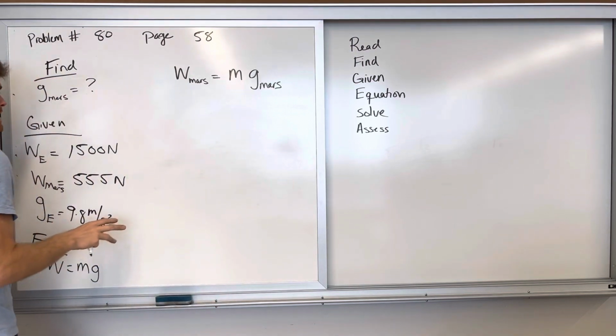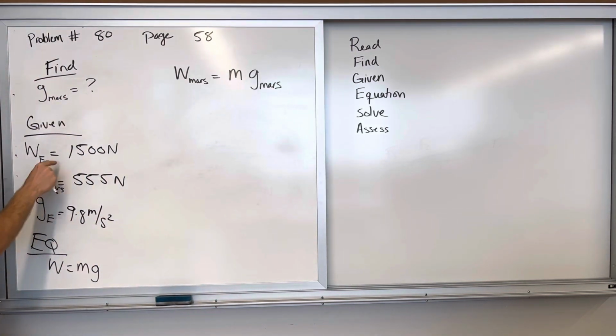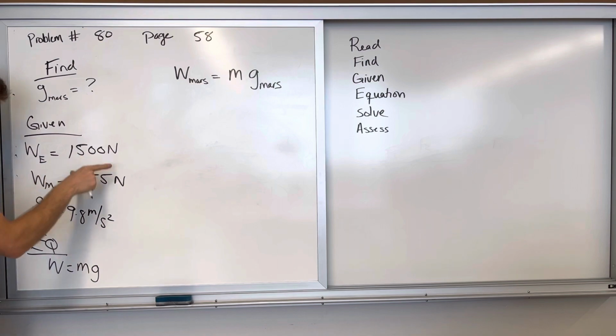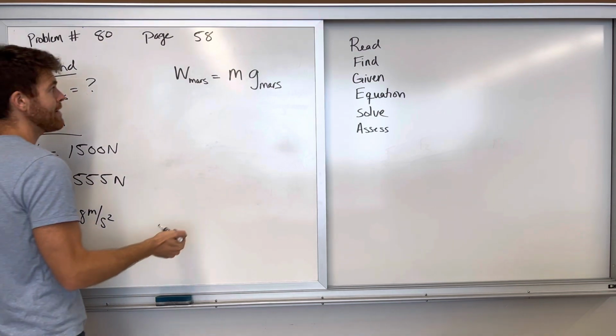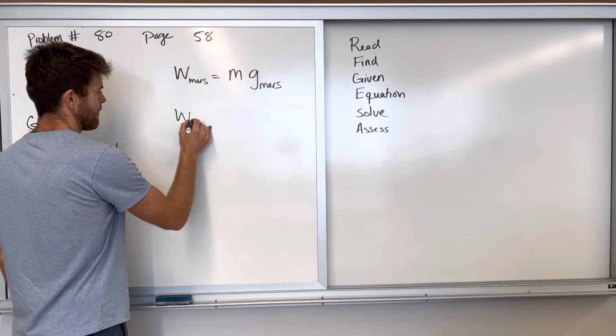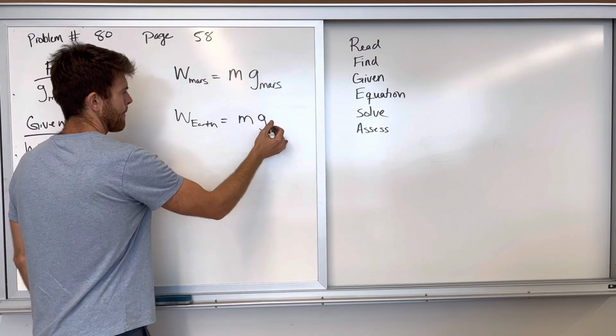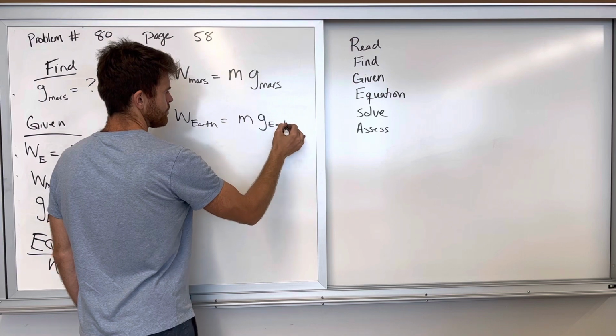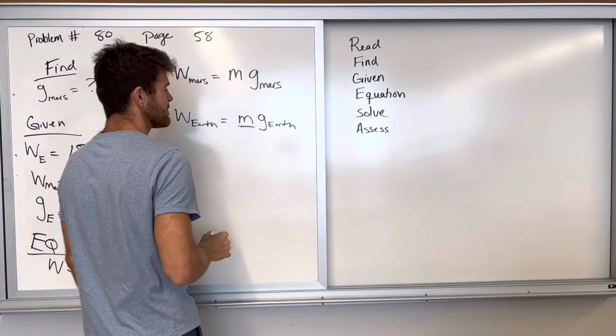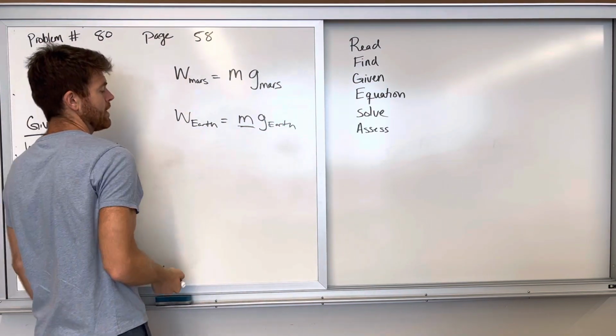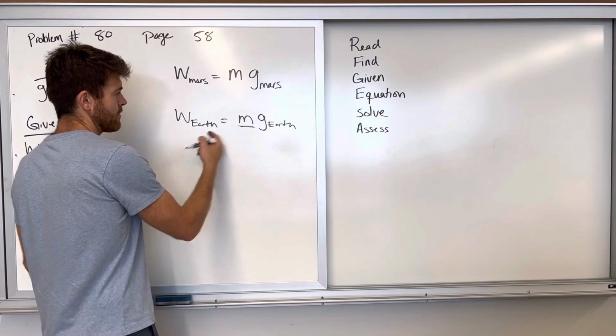So we've got to figure out what this mass is. Well, how do we figure out the mass? We can use the other information given. We know the astronaut's weight on Earth. We know the acceleration due to gravity on Earth. We could find the mass from the equation for weight on Earth.